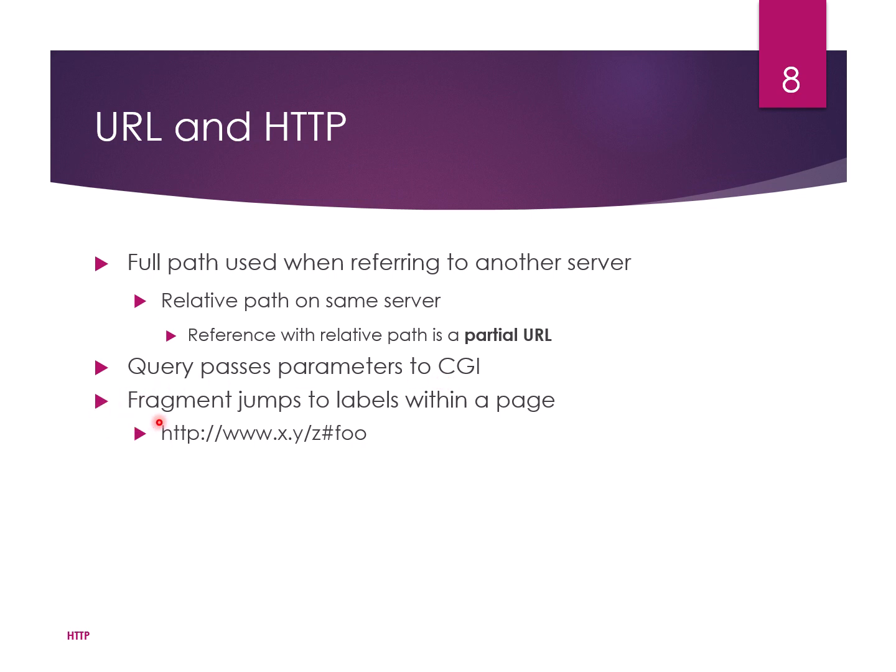Next, a fragment allows jumping to a specific label or section within a web page. You can see this example navigates to the fourth section in page Z. These all highlight the use of absolute and relative paths and explain the purpose of the query and fragment components in URLs.